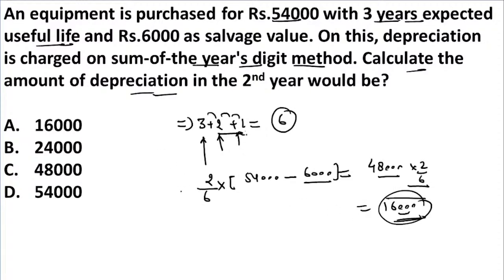This is how we solve it, because we have to calculate the second year depreciation. The fraction is 3 plus 2 plus 1 in the denominator, and for the second year, 48,000 multiplied by 2 by 6 is 16,000. That would be our answer.